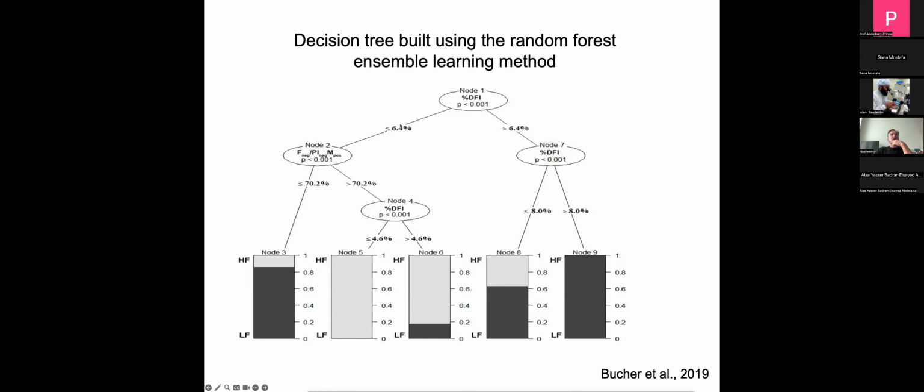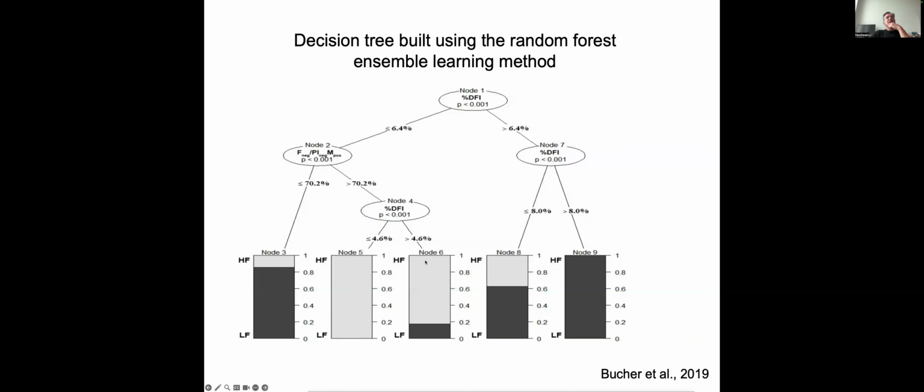But if they had lower than 6.4% and lower than 4.6 in the DFI, there were only 15% of the bulls low fertile, and none low fertile if the calcium level was low in relation to the viability.